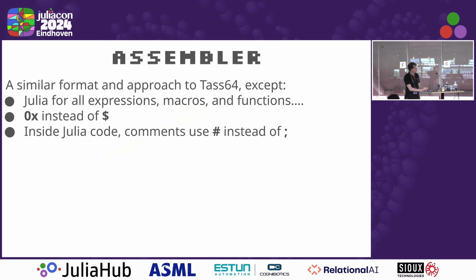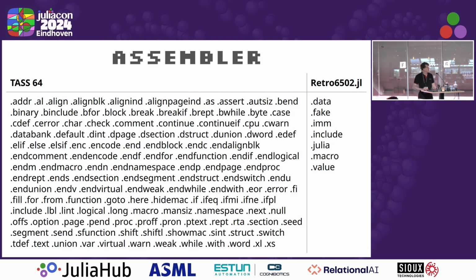The assembler is there. One of the standard assemblers for 6502 is the TAS64. So my assembler conforms to a lot of its conventions, just standard assembly stuff, but you'll see it uses 0x instead of $, because all the expressions in the assembly file are Julia.